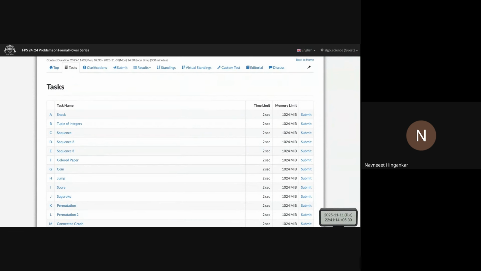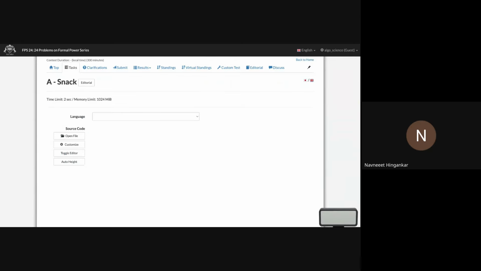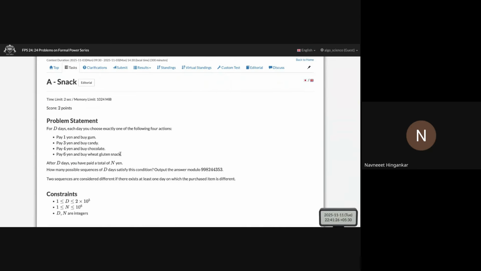You don't need to solve everything, these are very tough tasks. You can solve up to C maybe, or E, anything. Even A and B is good for you for practice. I have solved up to I, and I know that it gets very, very tough.